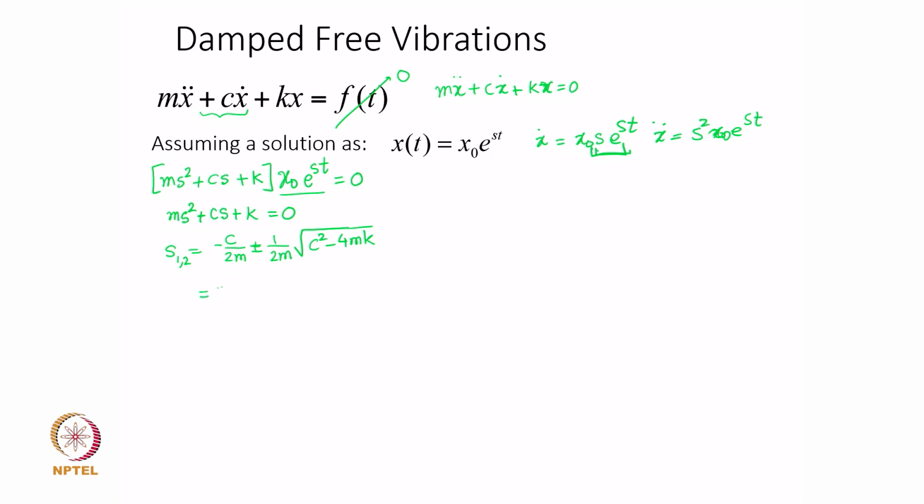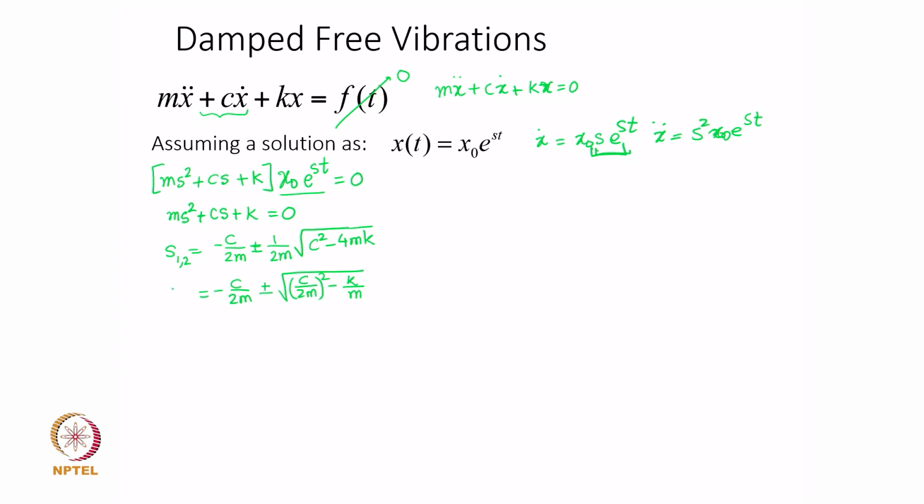I can write this and take this out, and of course, you can as well simply write this. You can either use that k by m as omega n, but I would prefer to keep it like that right now.